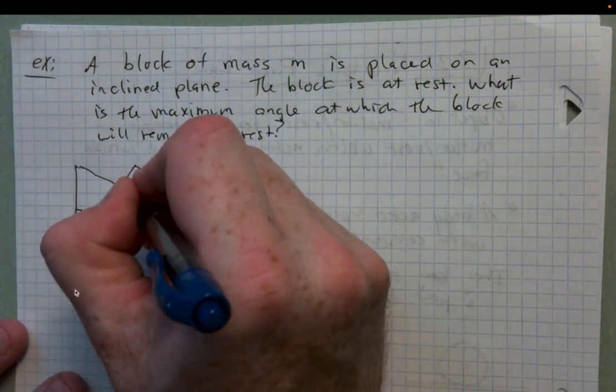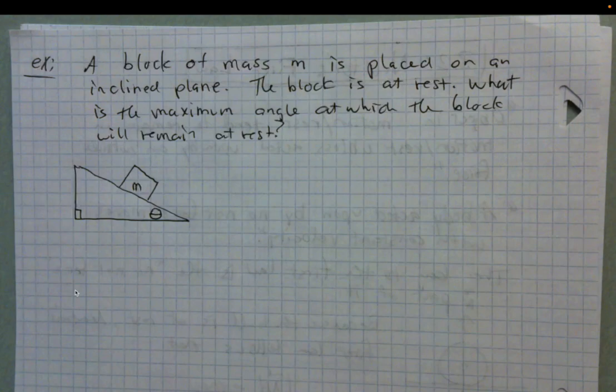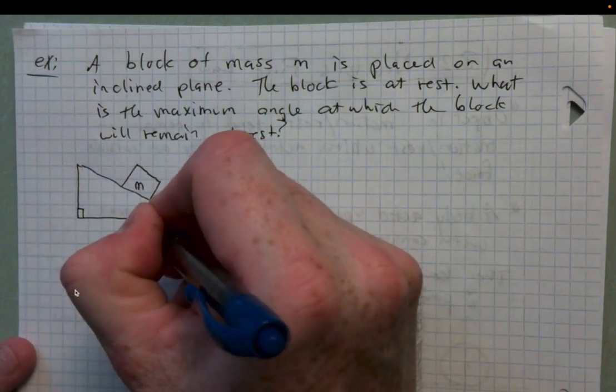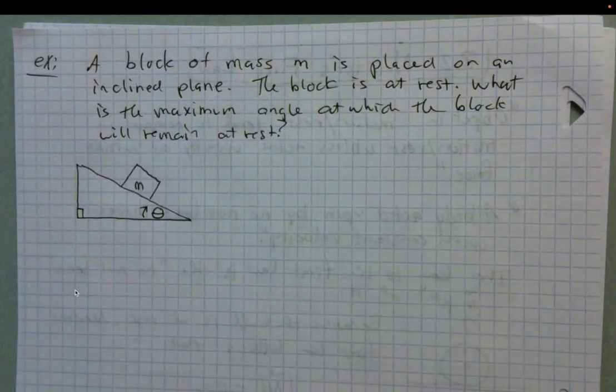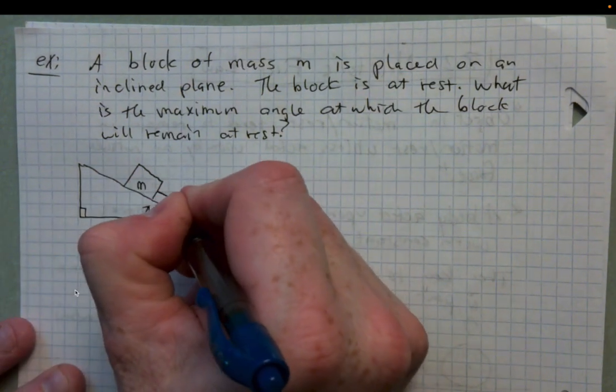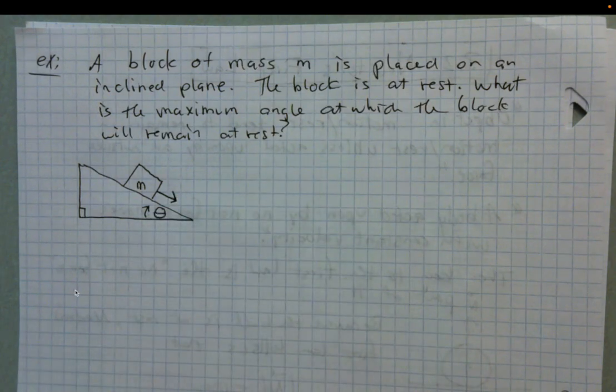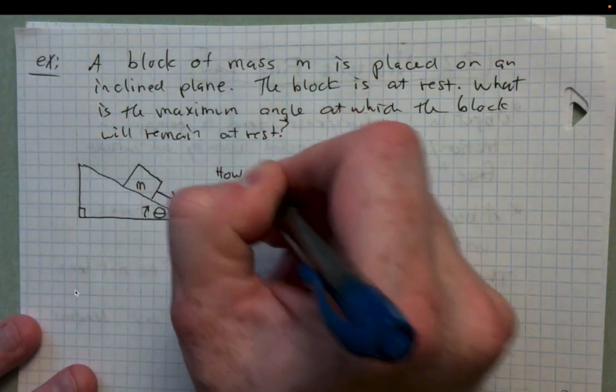Okay, I'll put an m on there. Now the question is, if I adjust this angle, if I make it steeper, how steep can I make it before the block starts to slide?